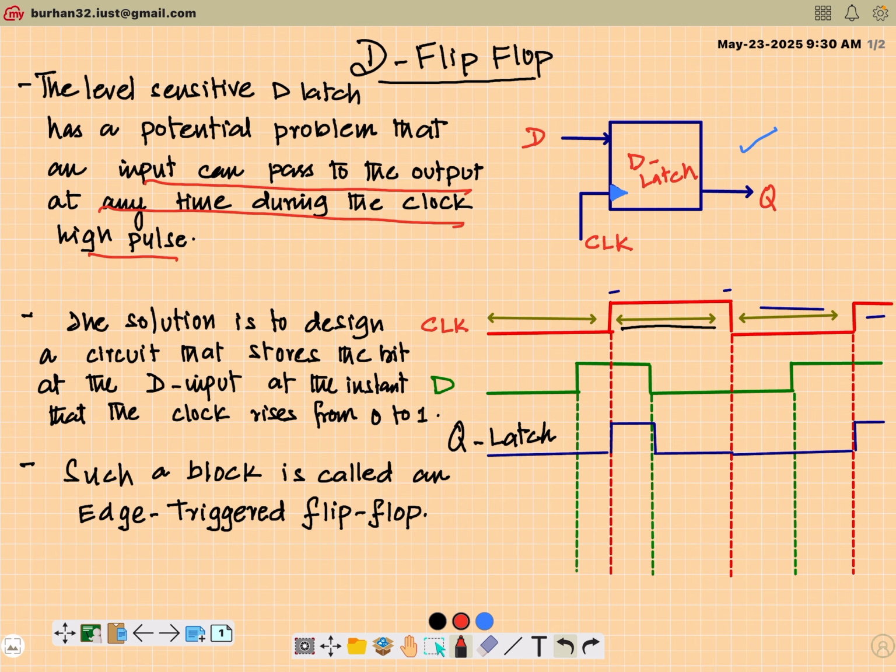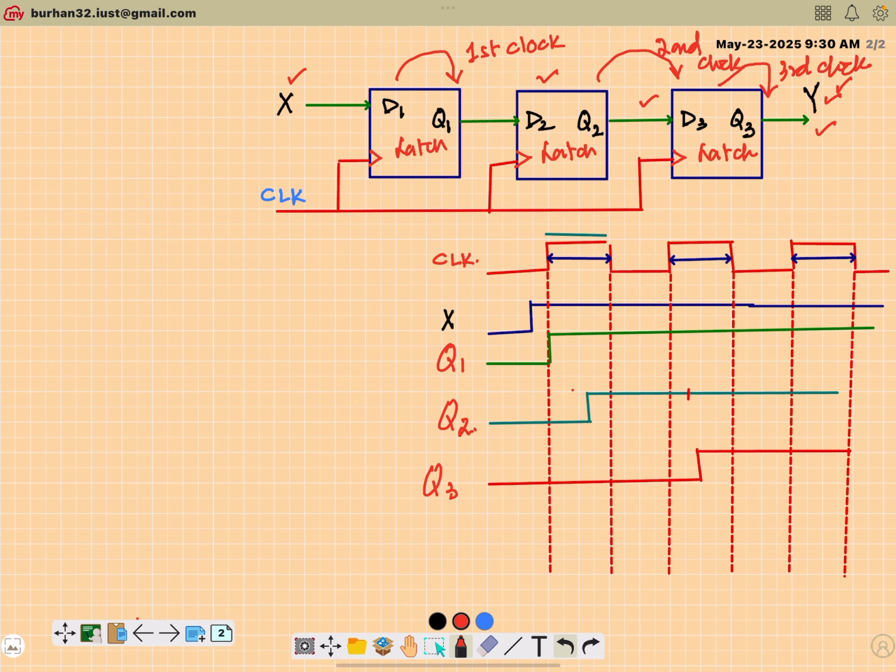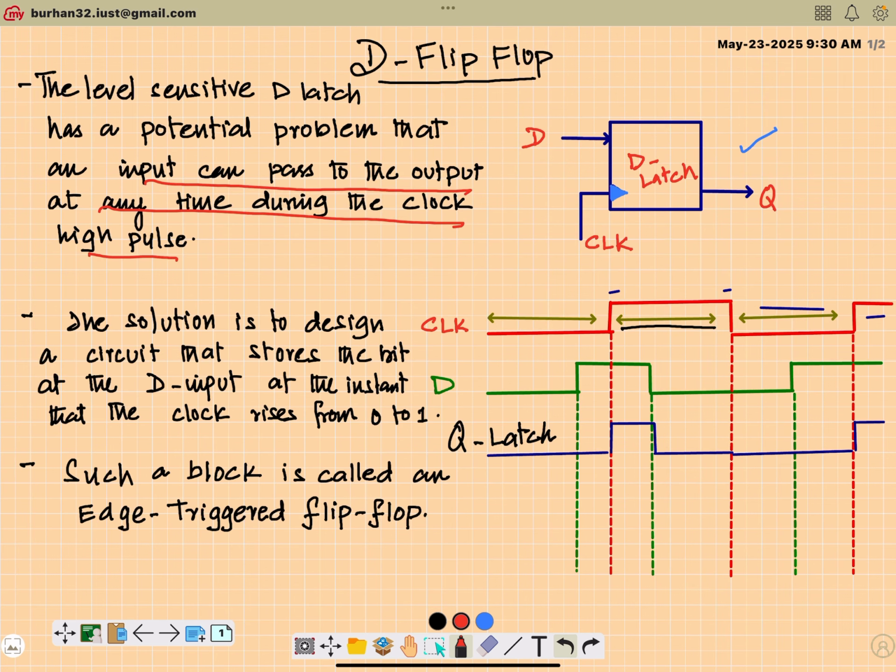This creates an ambiguity in your sequential circuits where these latches are used. This was a typical example where I had used three latches in series. I was expecting a valid output after three clock cycles, but if the clock period is sufficiently large, I may get a valid output after two cycles, and in some cases after one clock cycle, which is ambiguous.